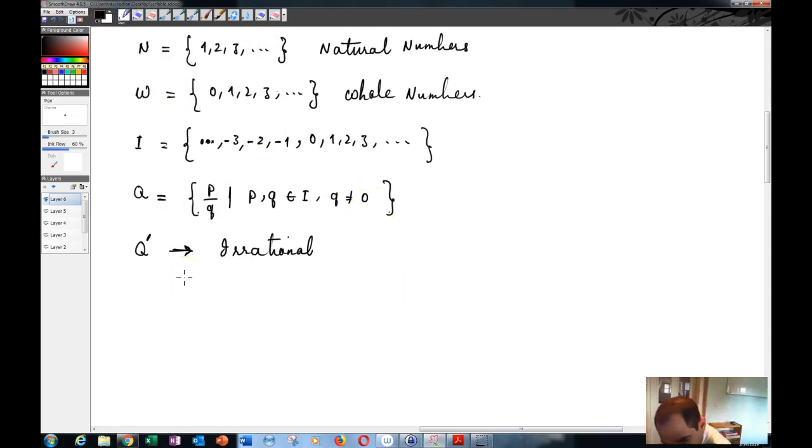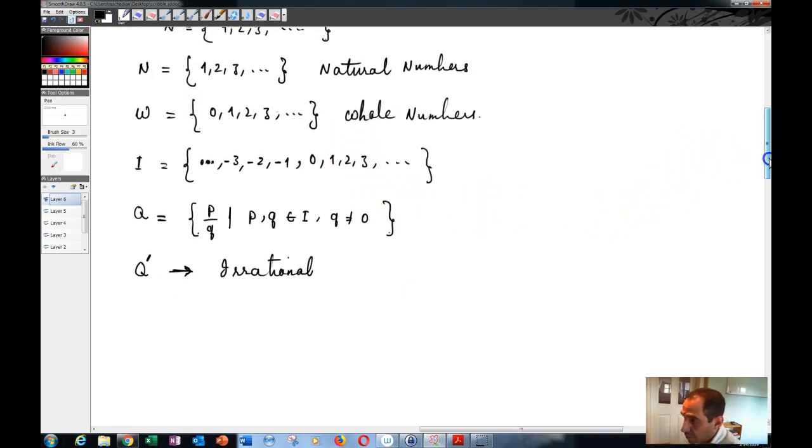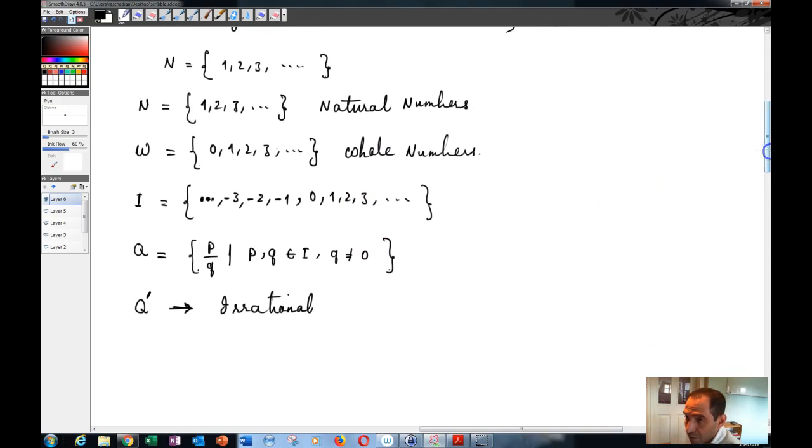Okay, so then you can see that compared, for example, to the set of whole numbers, the set of integers is actually a superset of that set, meaning that the set of integers contains the set of whole numbers, and the set of whole numbers contains the set of natural numbers.